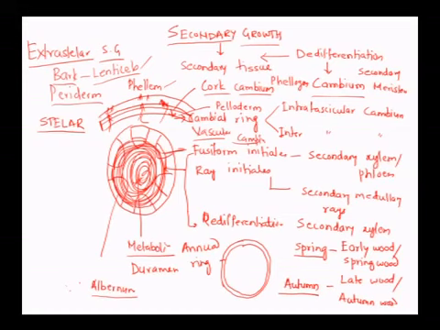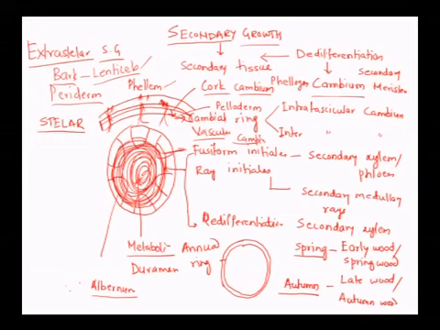In the extrastelar region, secondary growth is due to phellogen or cork cambium, where cells towards the epidermis with suberin deposition are called phellem, and the cells which are non-suberized towards the primary hypodermis become phelloderm. Phellem, phellogen and phelloderm constitute periderm. Periderm along with primary layers forms bark, and usually on the surface of bark we can see the openings called lenticels, and below lenticels we can see complementary tissue projecting out for gaseous exchange, sometimes transpiration or sometimes absorption.